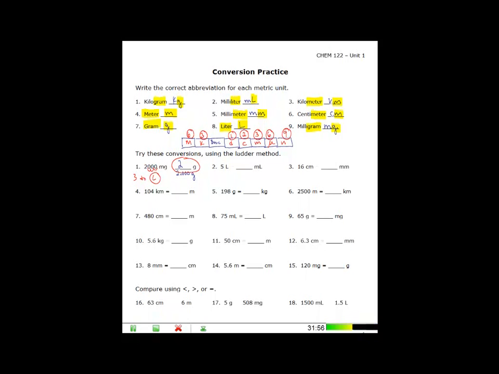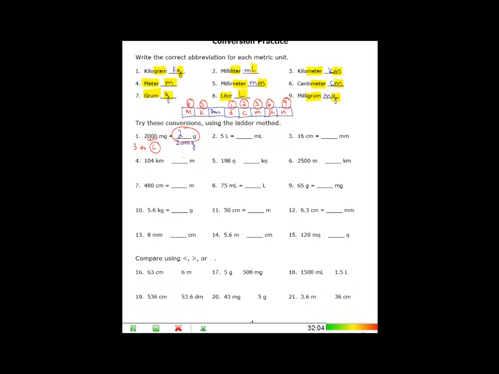Just focus on trying to convert the prefixes to the basic units or whatever these questions are asking you. So I want you to work on problems 2 through 15. Use the ladder method, and when you resume the lecture, I will have the answers up. So I want you to hit pause now and work through 2 through 15.